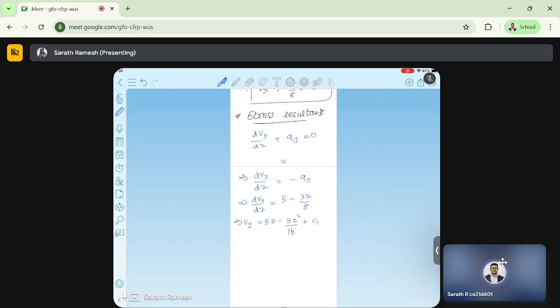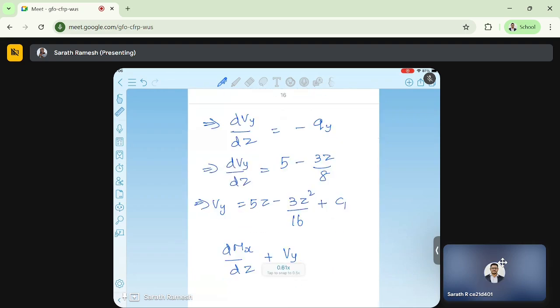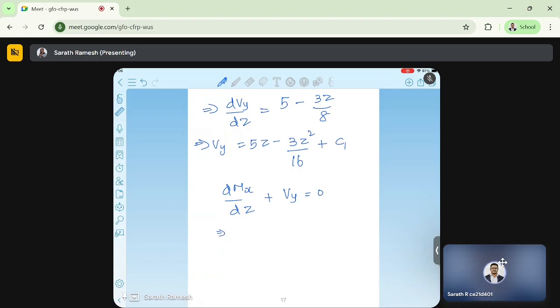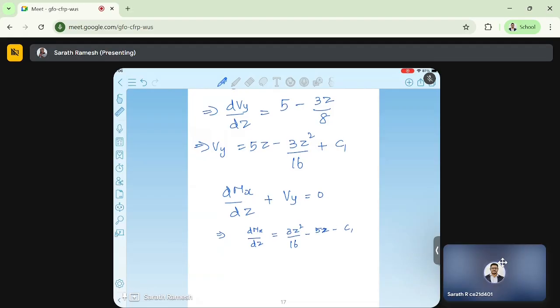So this is Vy, and moving on to the second equation, that is dMx by dz plus Vy is equal to 0. So this implies dMx by dz equal to minus Vy, which is 3z squared by 16 minus 5z minus C1, right?